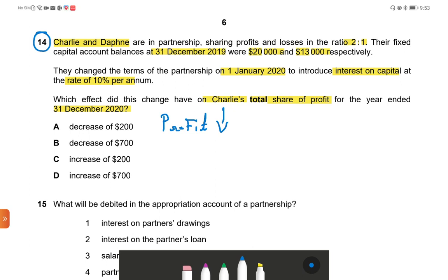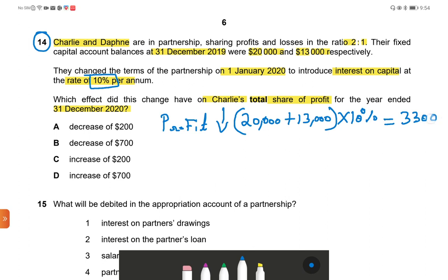Total decrease in the profit: how much will be the interest on capital? 10%. 20,000 plus 13,000, each one's 10%, total 3,300 is the decrease in profit.